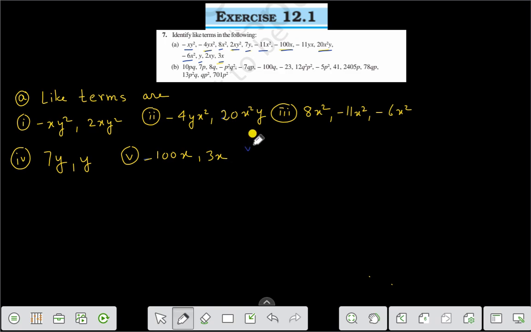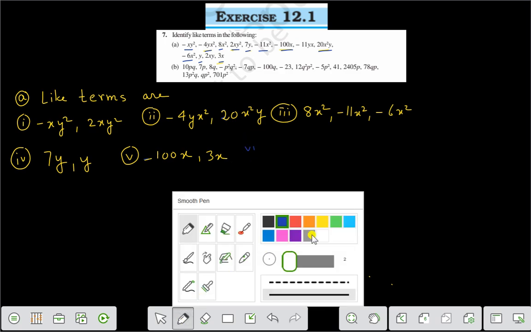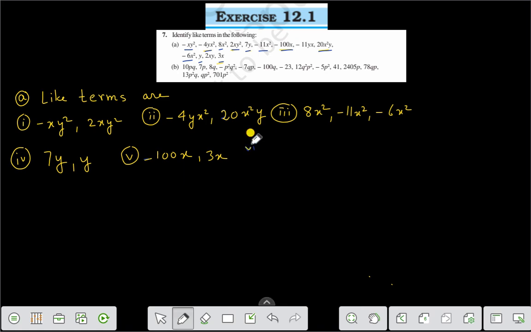The next like term is minus 11yx. You'll find yx, this is xy, that is 2xy.